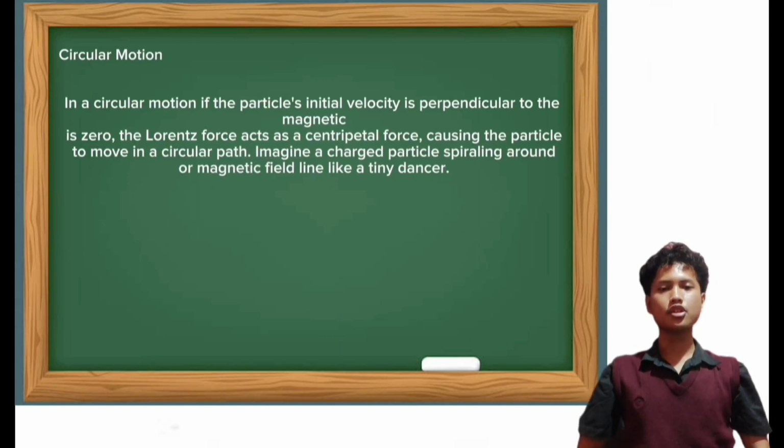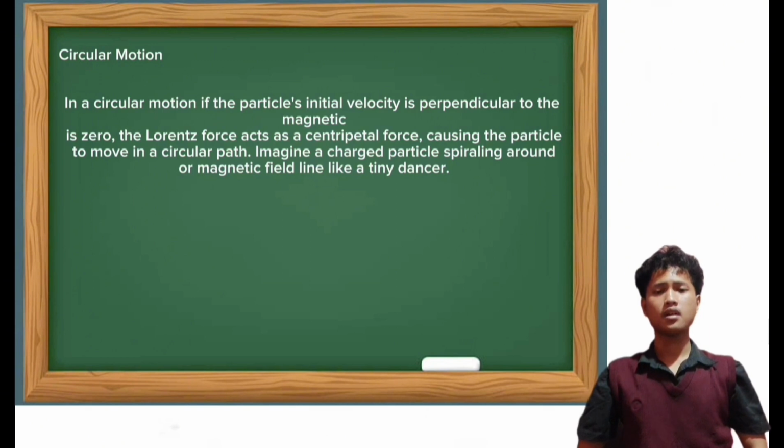First, in a circular motion, if the particle's initial velocity is perpendicular to the magnetic field and the electric field is zero, the Lorentz force acts as a centripetal force, causing the particle to move in a circular path. Imagine a charged particle spiraling around a magnetic field line like a tiny dancer.